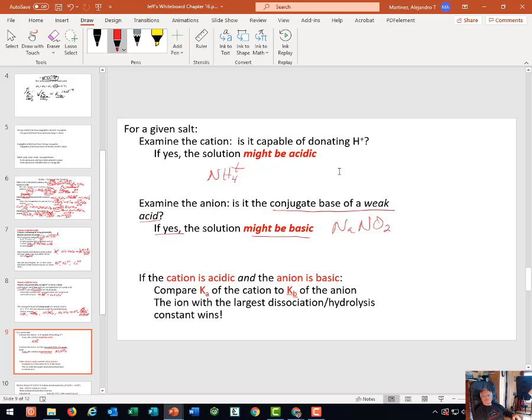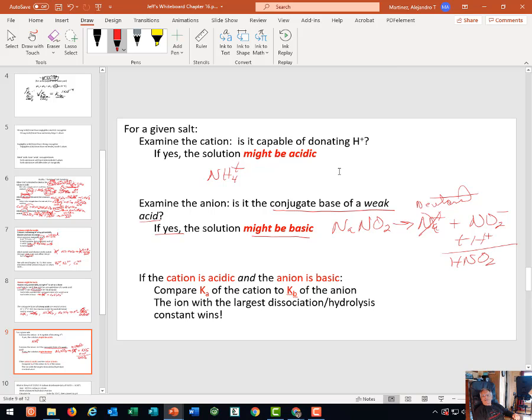NaNO2. This is sodium nitrite. Dissociate it. Na+. And then you have nitrite anion. Well, the Na+ is an alkali metal cation. We're not going to worry about it. It's neutral. But nitrite, if I added a proton to nitrite, that would give me HNO2.